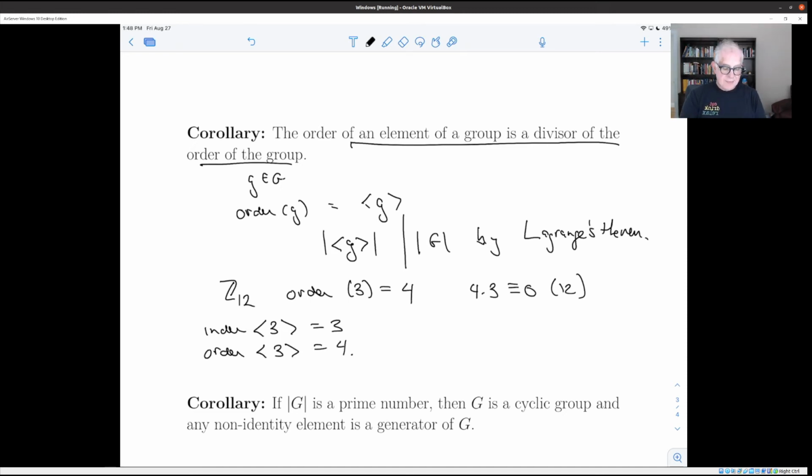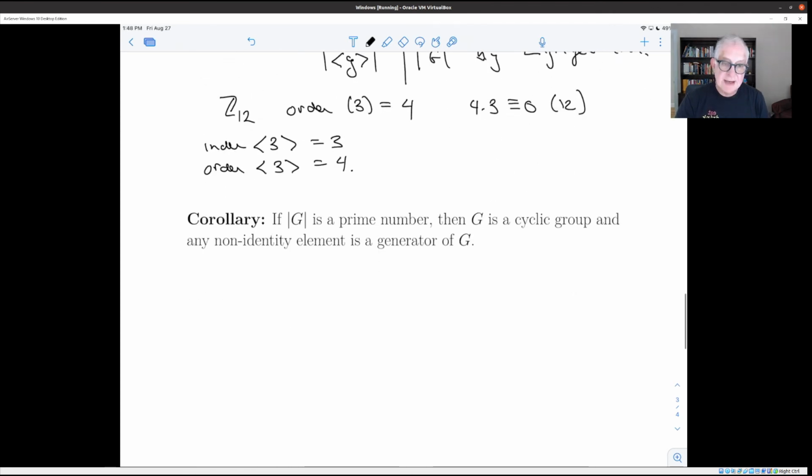Another interesting and very general result that follows from this is that if you have a group which has a prime number of elements, then it's automatically a cyclic group. Why is that? Well, suppose the order of G is p, where p is prime, and you take an alpha in G which is not the identity element.